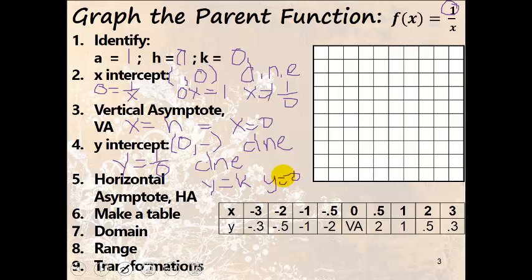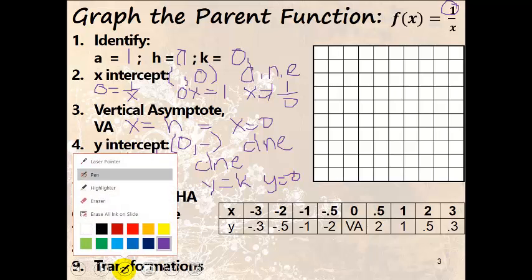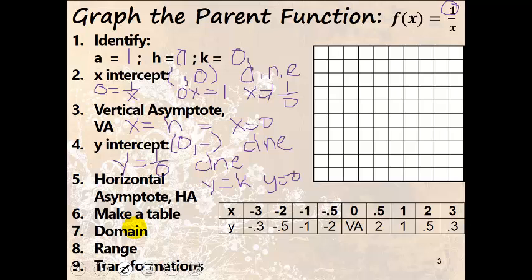Now, I put a lot of points on here just so that you could get a good idea of what the graph looks like. But when we go to graph it on our daily assignment, if we can graph it with fewer points, amen. And actually, I'm going to show you how to use Desmos to get you a sketch of the graph here, okay? So let's switch my pen to red because I'm going to draw in my asymptotes.